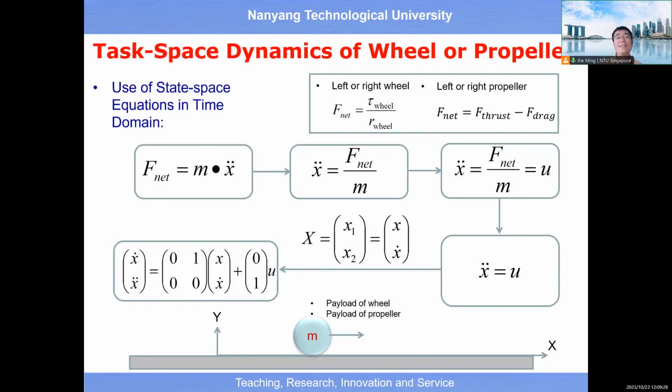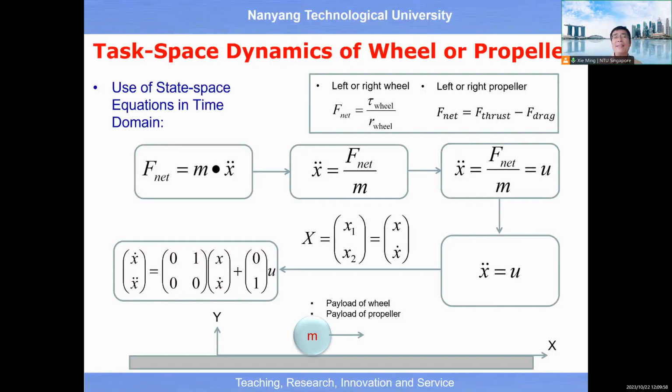The net force acting on the single view is equal to the mass of the single view together with the payload, m meaning the mass of the view plus its payload, right? Times linear acceleration, where x double dot is the linear acceleration in task space, right? And then we can write x double dot as a function of net force divided by m, right?